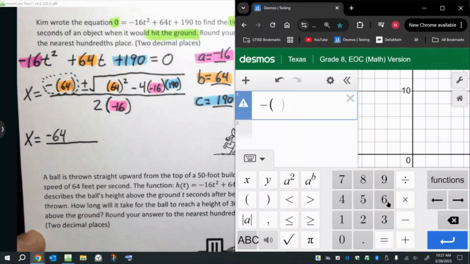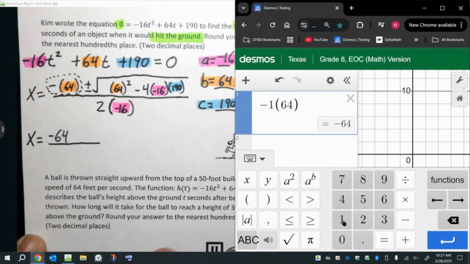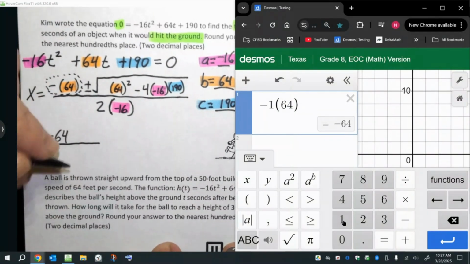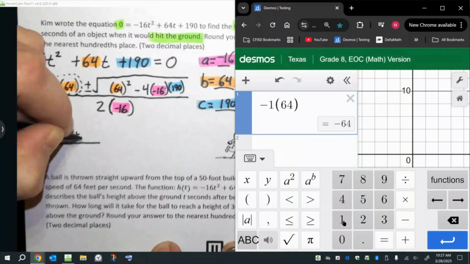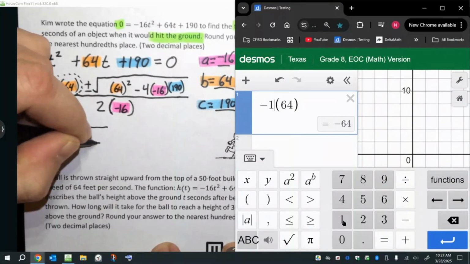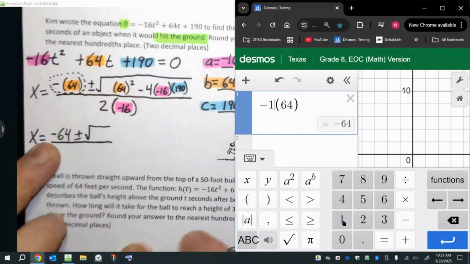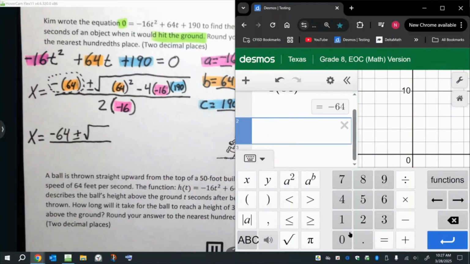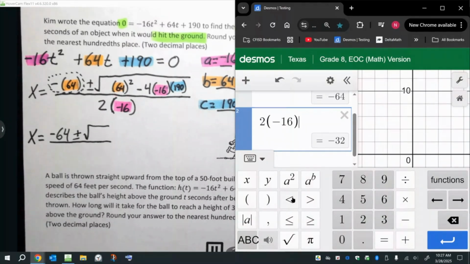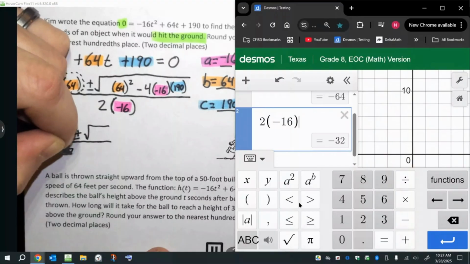You can't just type 64 with a negative out in front. You have to attach a negative 1, because you're negating the parentheses with the negative. Then we have our plus minus, and we want one number underneath the square root. Then we take 2 and multiply it by negative 16, and we get negative 32 at the bottom.